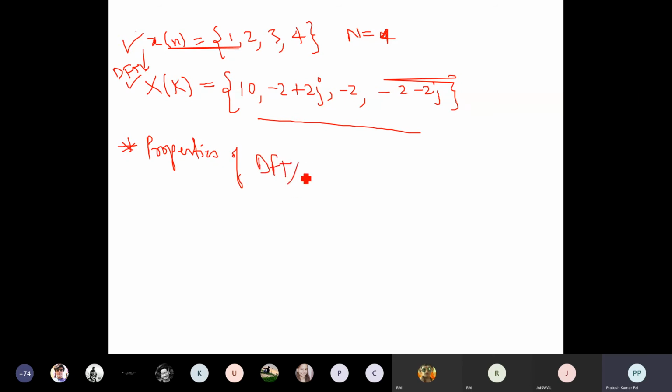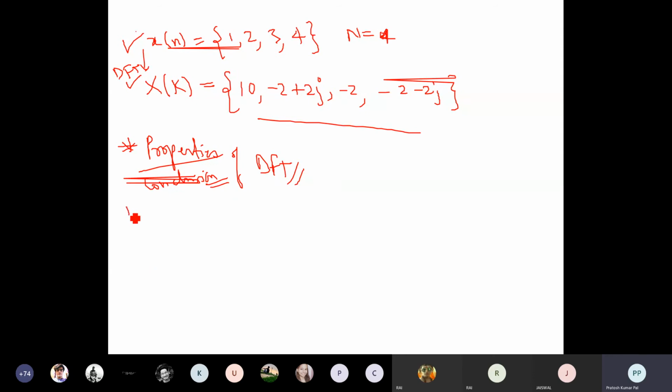Some properties, or you can say some deliverables, whatever conclusion we can make, some conclusion is there. So based on this calculation, what can we conclude?